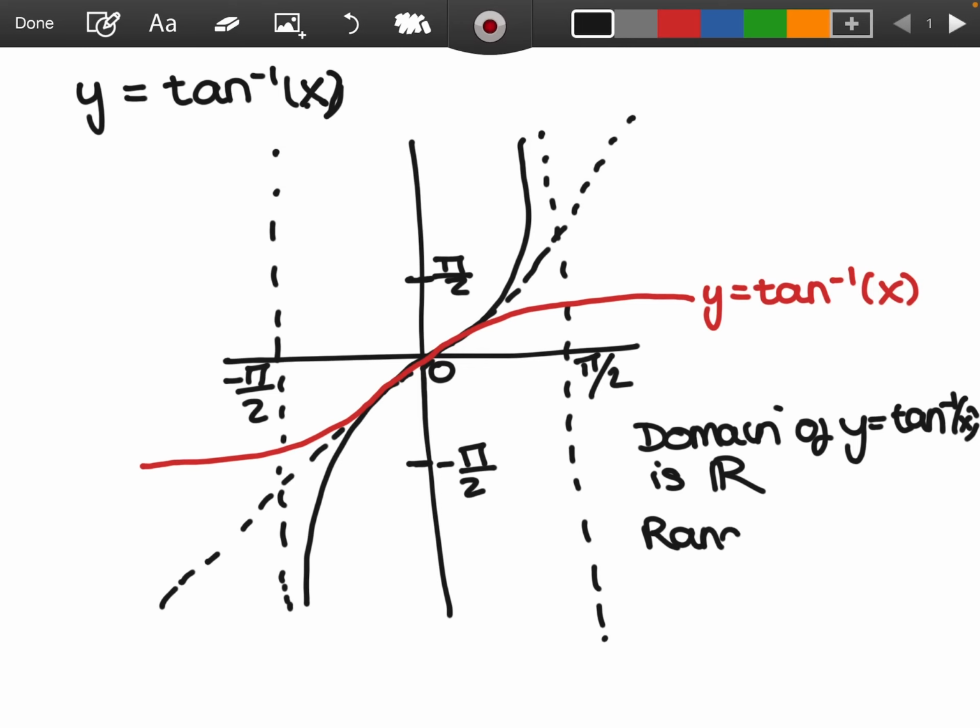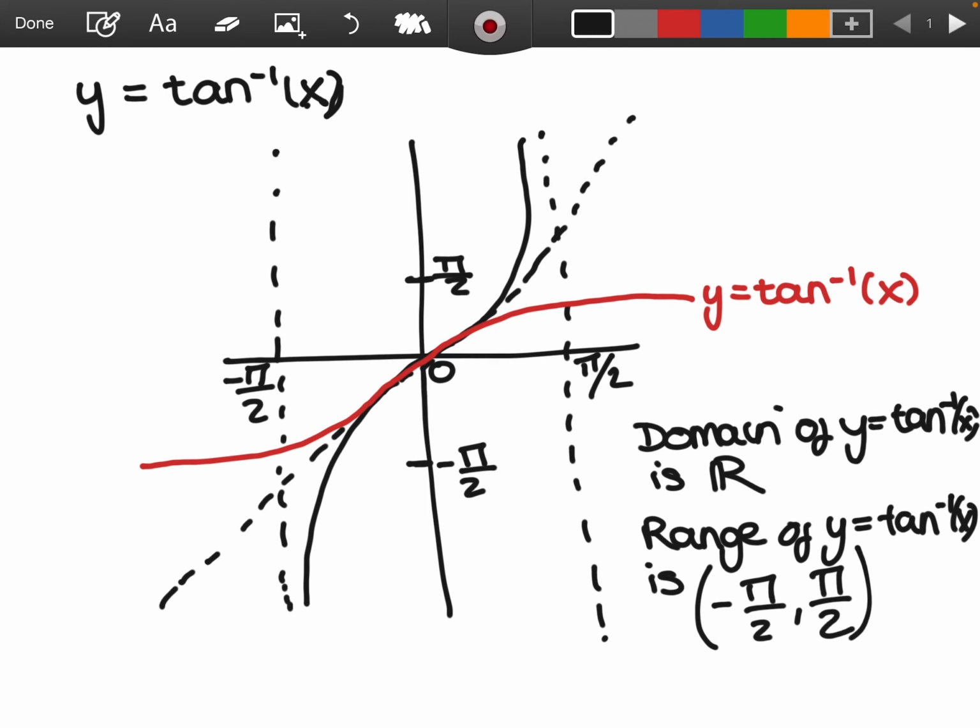The range of y is equal to tan inverse is going to be the restricted domain that I had for tan, which is going to be -pi/2 to pi/2, not including those points, so I use parentheses.